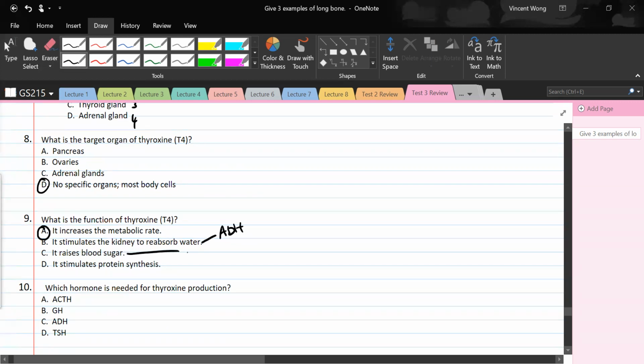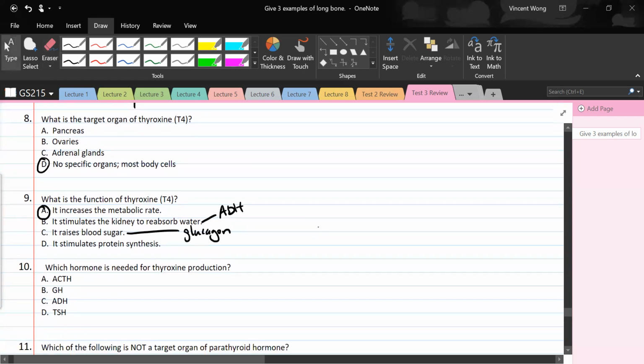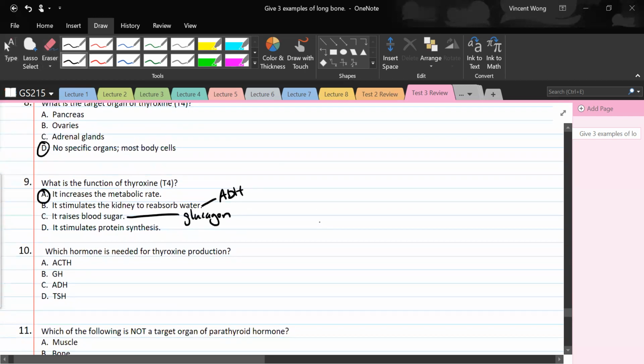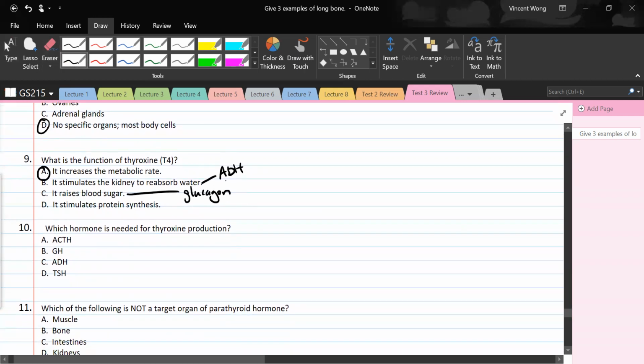Raises blood sugar, that would be glucagon. Stimulate protein synthesis, irrelevant. Which hormone is needed for thyroxine production? Right, TSH. Thyroid stimulating hormone will stimulate the thyroid to make it.